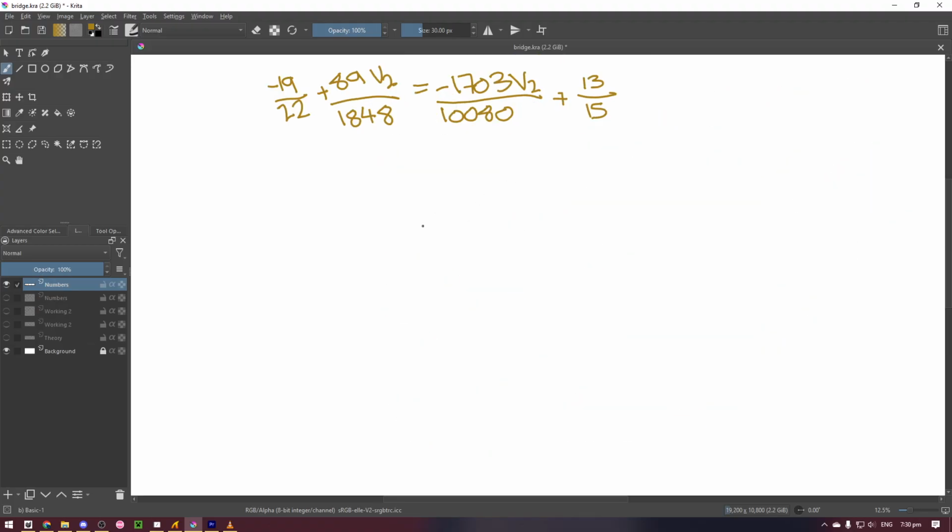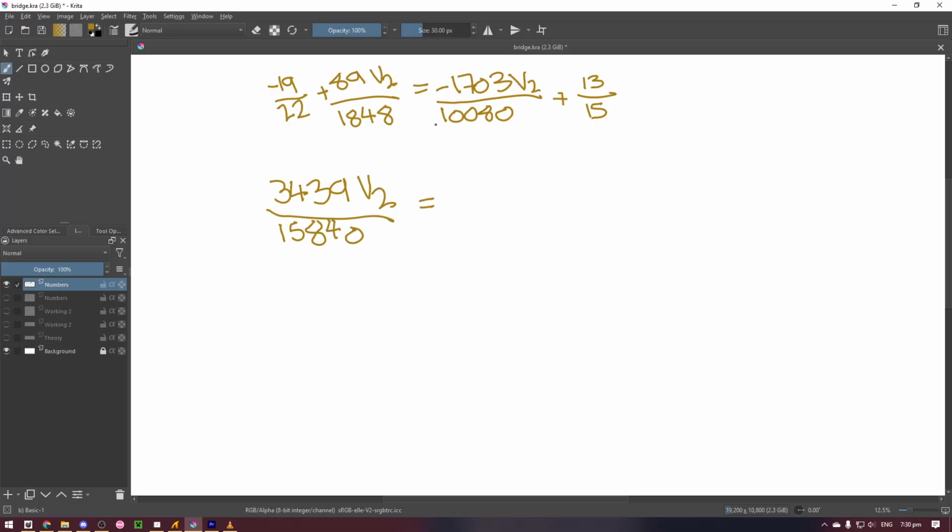Continuing, the final thing we've got to do is move the V2s onto one side and the numbers on the other. I'll move the V2s to the left because that's where they're positive, and I will move the numbers to the right because that's where they're positive. So 89 over 1848 V2 plus 1703 V2 over 10080 is 3439 V2 over 15840.